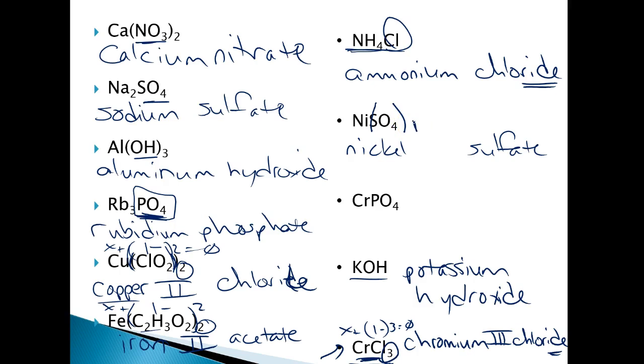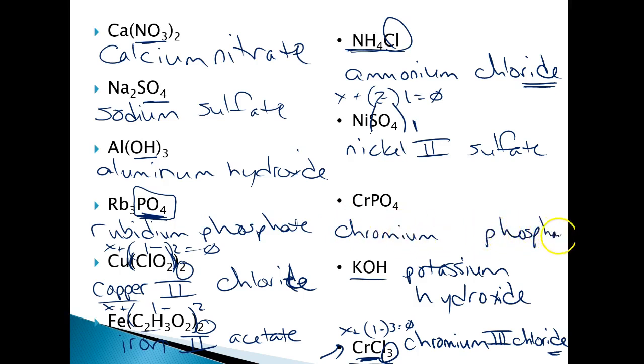Okay, if there are no parentheses, the number outside is a 1. That is a guarantee. So you need to personally do that. Then you can figure out the polyatomic, or the charge on the metal. So sulfate is -2. There are 1 of them. X plus -2 equals 0. Roman numeral 2.